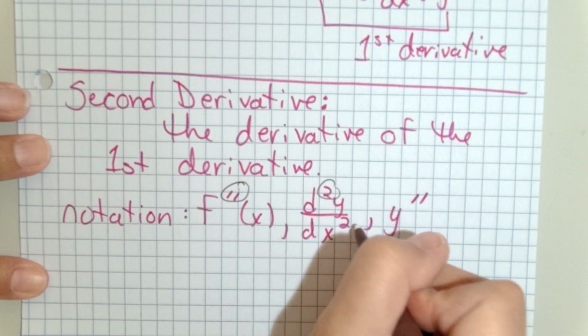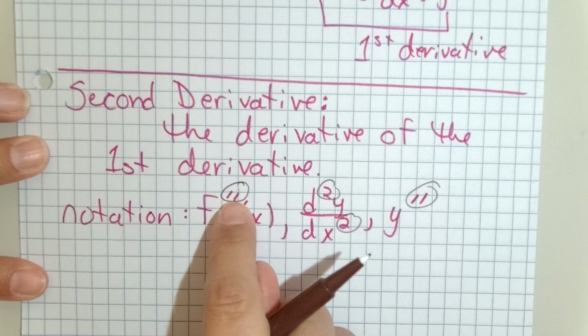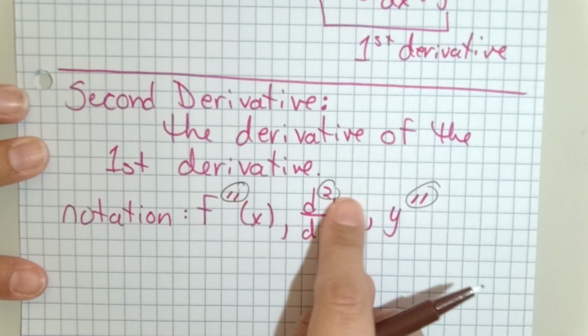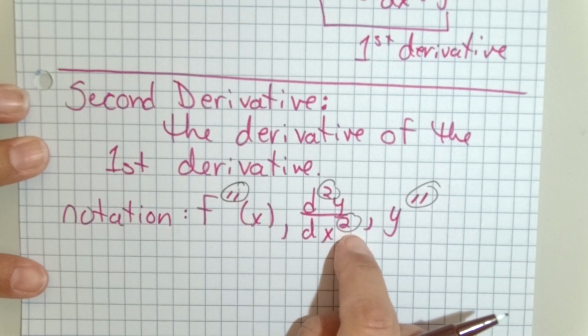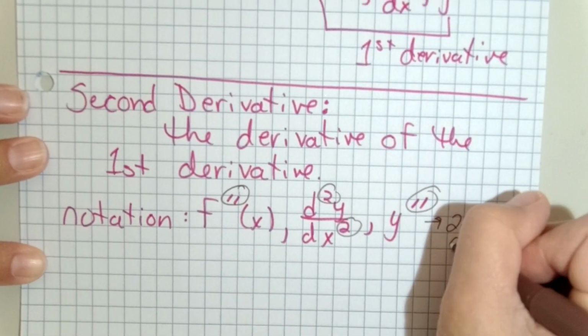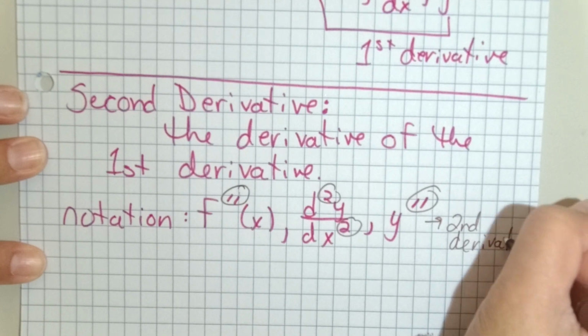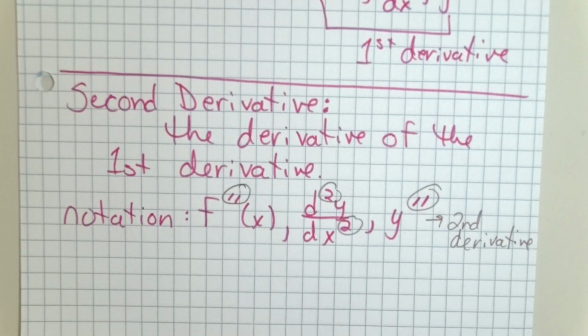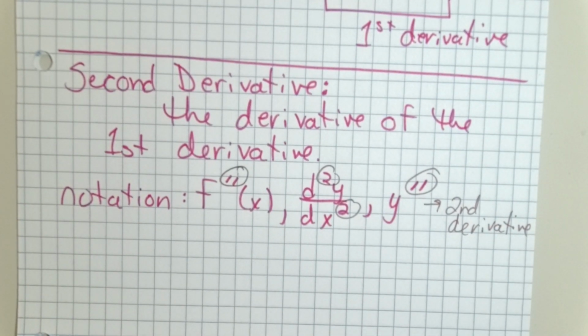And you can tell it's the second derivative by these doubles. The double dash, the square, the square. These are all the second derivative. Any questions so far?